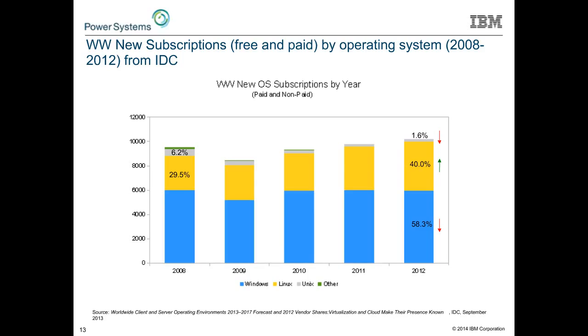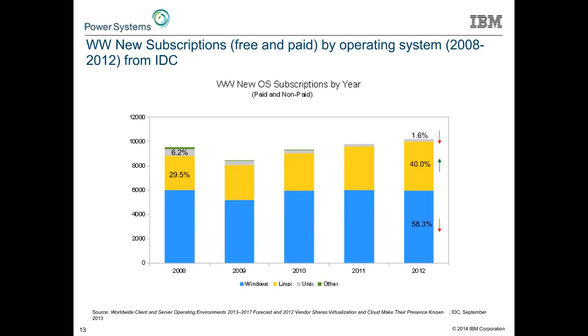If we jump ahead to 2012, while the total volumes for Windows have largely stayed the same, its share of the pie has decreased to 58%, while Linux's growth is now up to 40%. So we've gone from 30% to 40%.